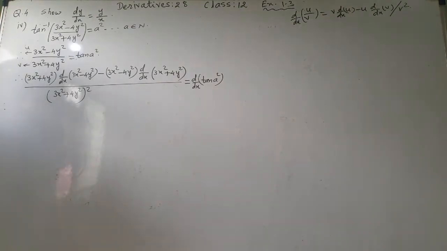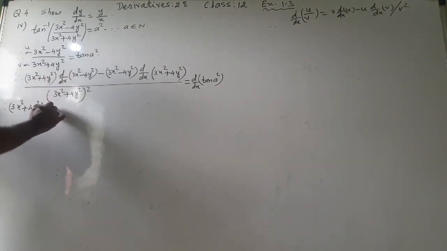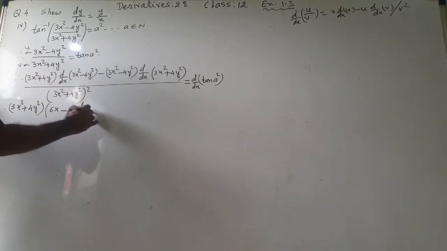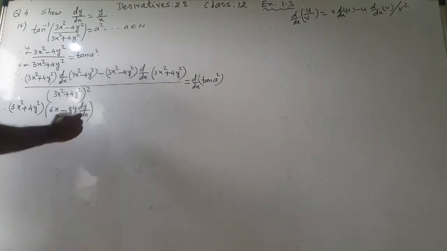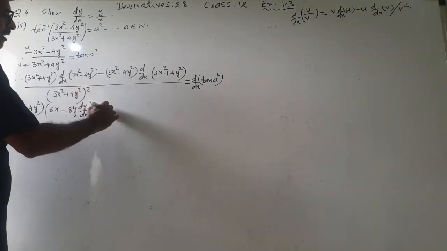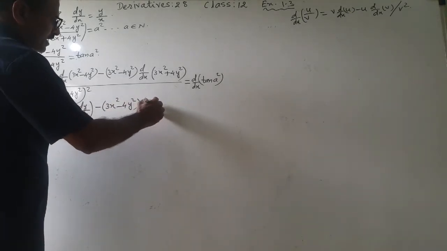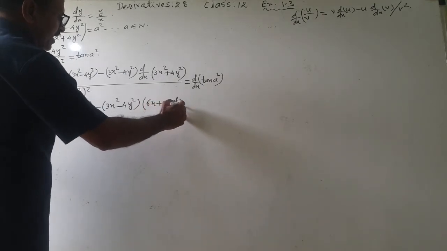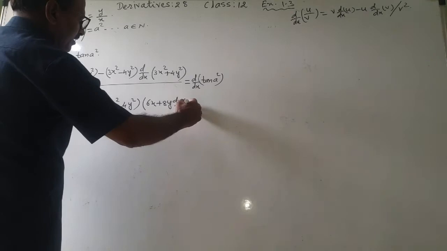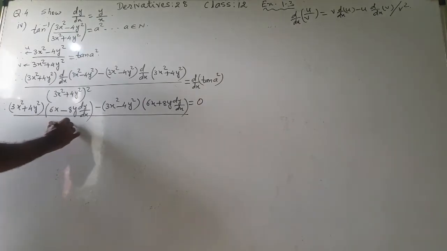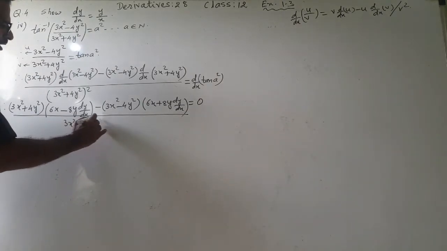Therefore, now this 3x square plus 4y square into the derivative of this, which will be 6x minus 8y, and the derivative of y will be dy by dx, minus 3x square minus 4y square into the derivative of this, which will be 6x plus 8y dy by dx, and the derivative of this will be 0, upon this 3x square plus 4y square bracket square.